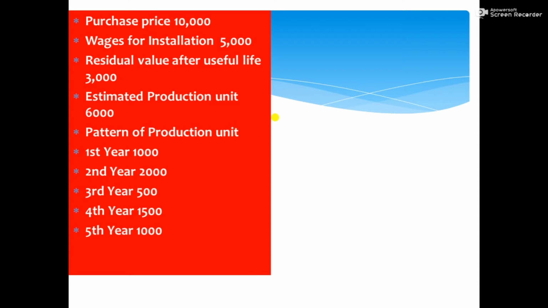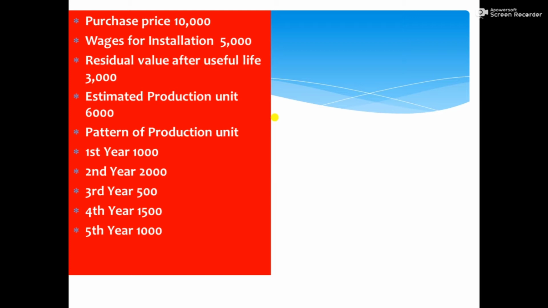The asset was purchased for rupees 10,000. You incurred wages for installation 5,000 rupees, and therefore your total cost will be 15,000 rupees. The residual value after useful life is estimated 3,000, and therefore your depreciable amount is cost minus residual value, 15,000 minus 3,000. The depreciable amount is 12,000. You estimated total production units is 6,000.